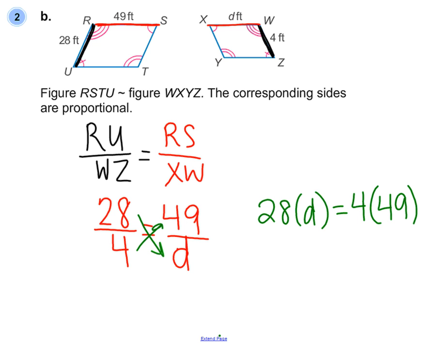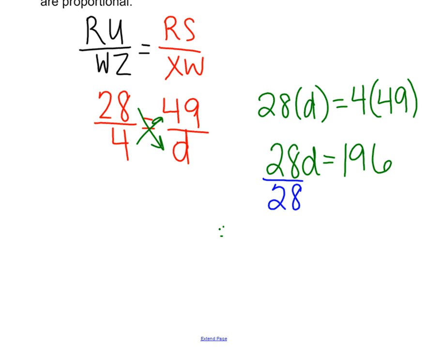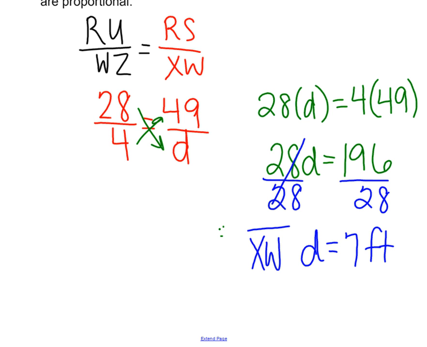When we do that, we should get 28D equaling 4 times 49, which is 196. Our letter D is being multiplied by 28, so we're going to divide by 28 on both sides of the equation. So D is actually going to equal 7 feet. And we can actually call D XW or WX, whichever one you want to call it, just to be thorough.